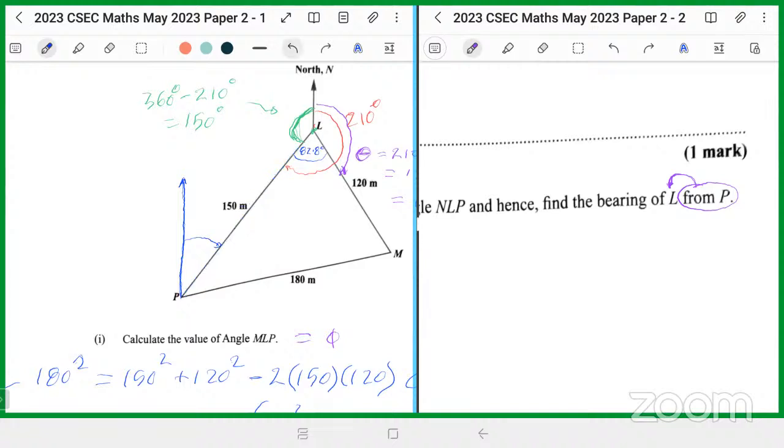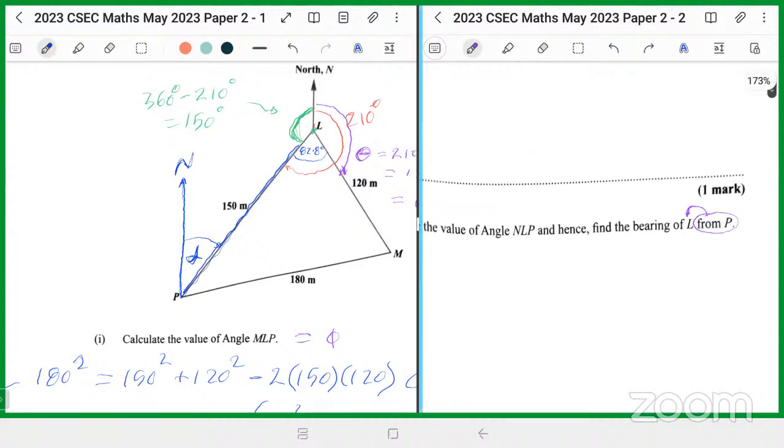So the angle that I want is this angle right here. That is the angle that I want. Let me call it alpha. Put back my north line here. Alpha. So I'm going to tell the examiner that the bearing of L from P up here is the alpha in my diagram.